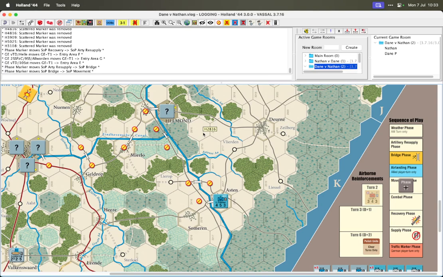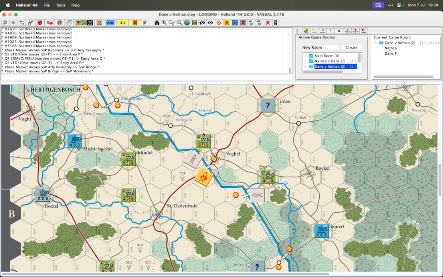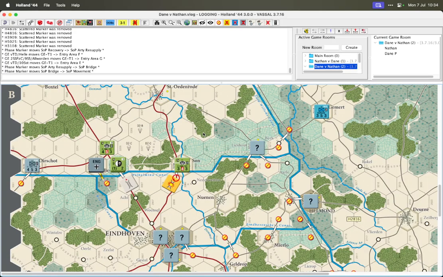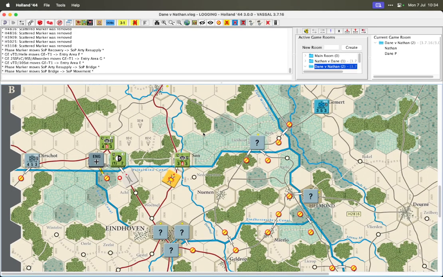I have a strong feeling that really you should go with the historical bridges. If you lose both Vagel and Son, which you have in this case, although you have Best, Best isn't quite the same as Son for obvious reasons. It's closer to my side, and if you took Best, you'd be fine. But you didn't take Best on turn one.